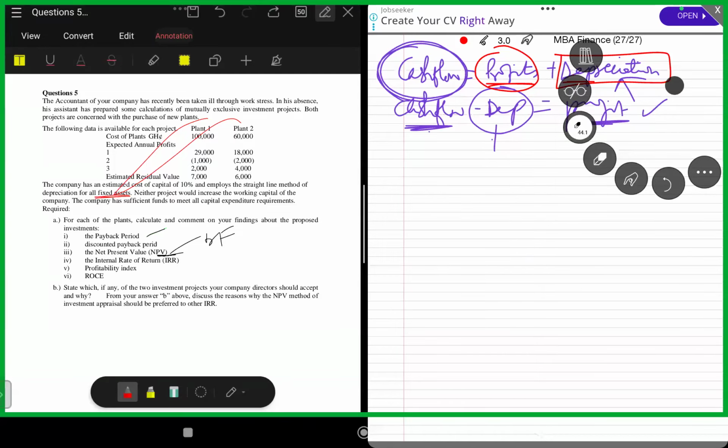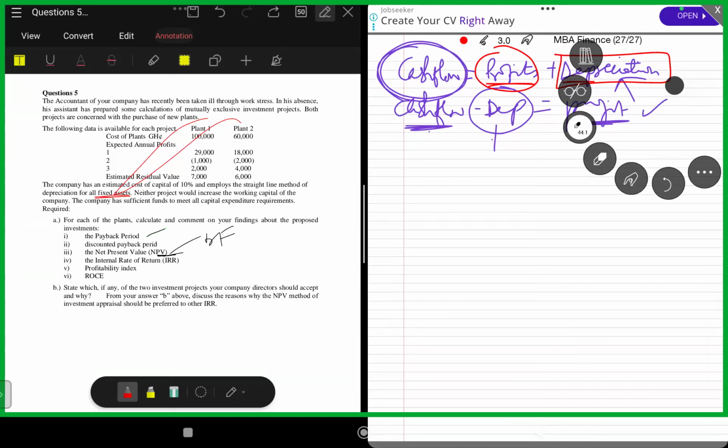Yeah, I know it's in the question, but why do you need a depreciation? You need to find your depreciation before you can solve the question.